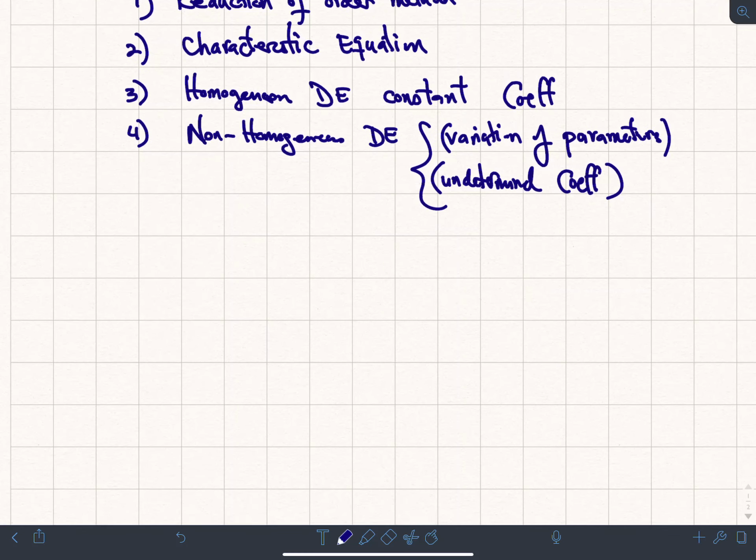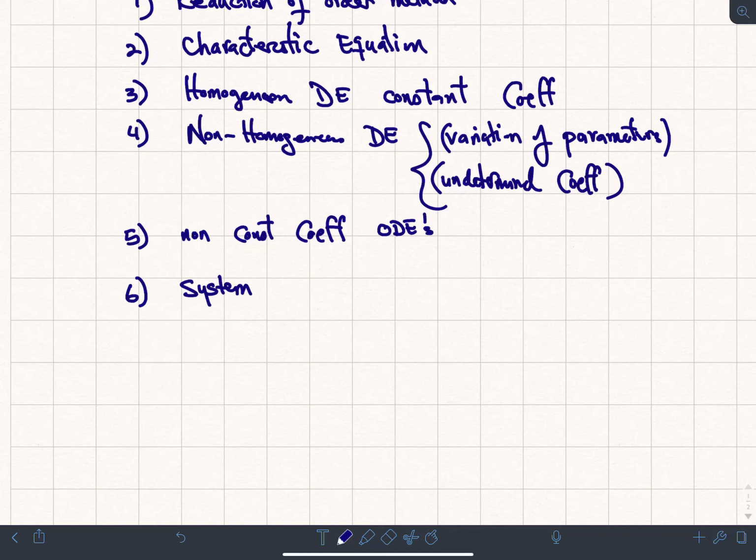And once that's done, I'll talk about some basic non-constant coefficient ODEs, which is the introduction of the next chapter, which will be full-blown non-constant coefficients. And we'll talk about some basic systems of differential equations, of course with constant coefficients.